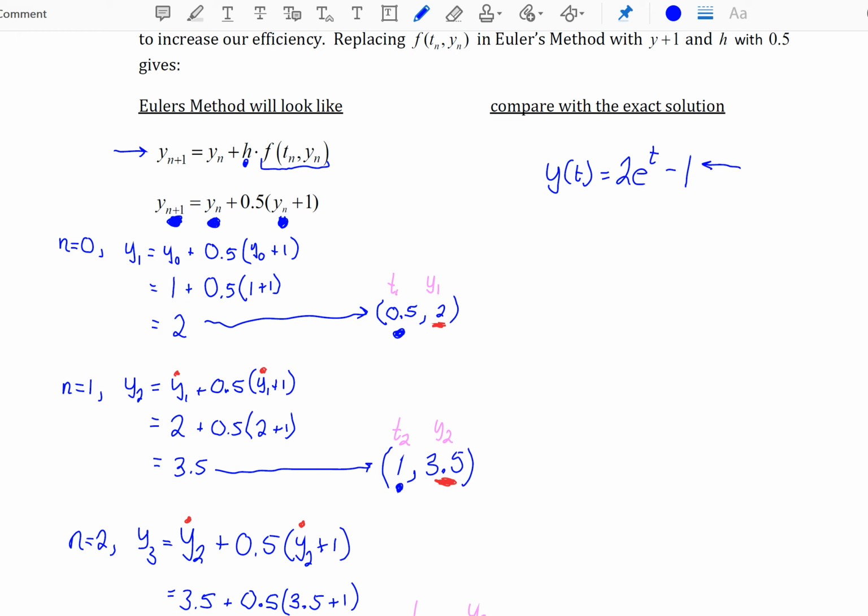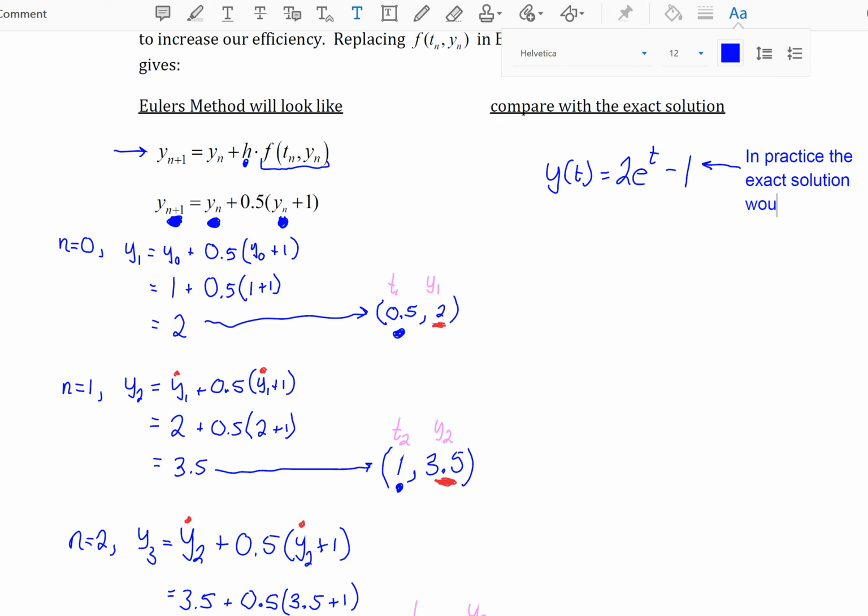So we should write maybe a little note to ourselves. In practice, the exact solution would not be known. And so that's why we were using Euler's method, is to approximate what this solution might look like. But as we're starting to build confidence in our skills, I want to have the exact solution as a comparison.